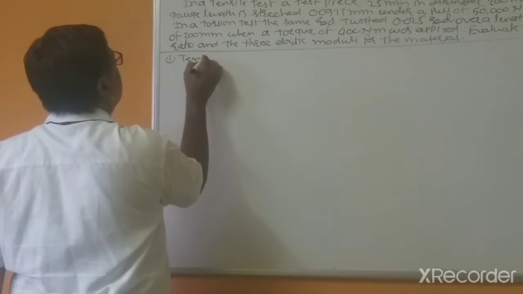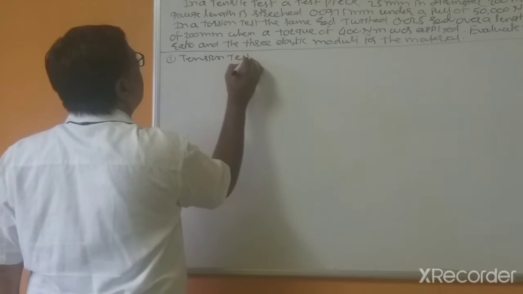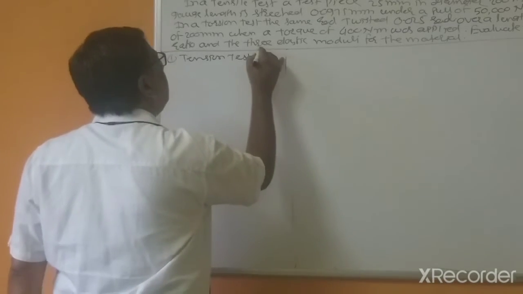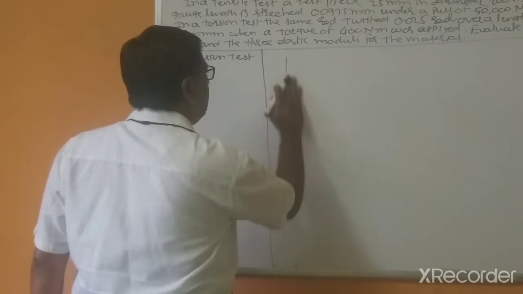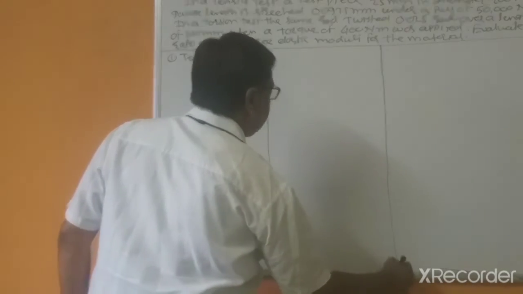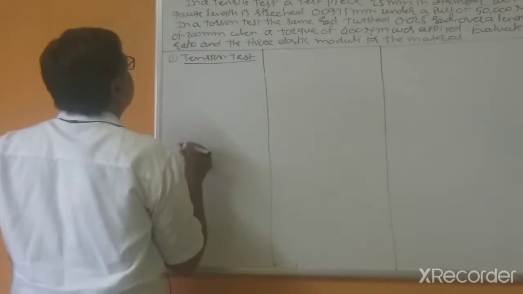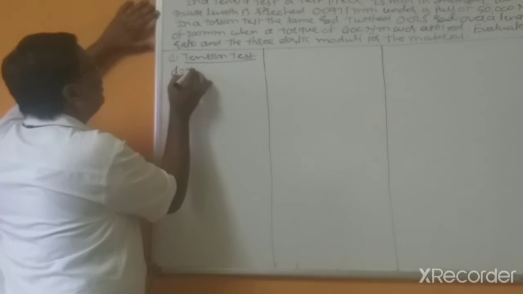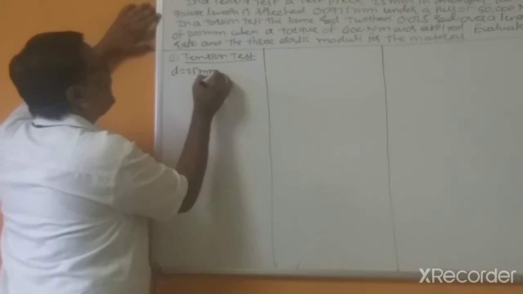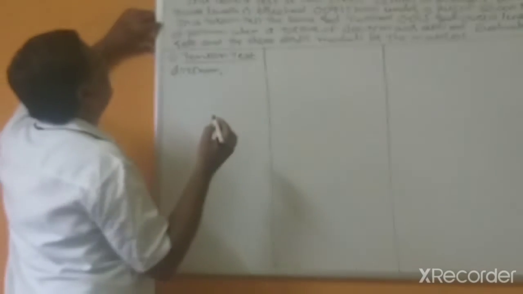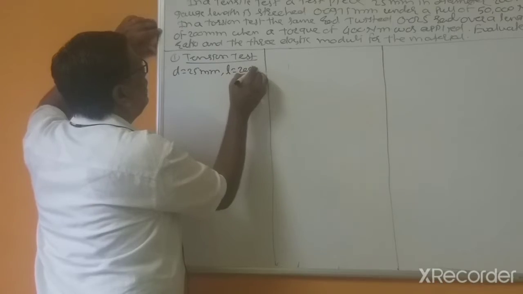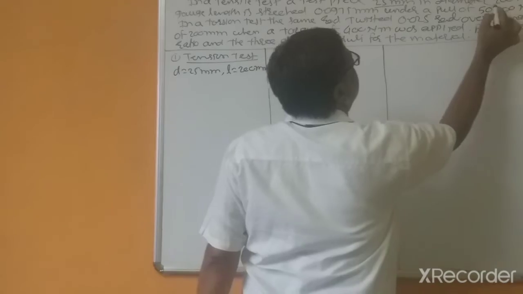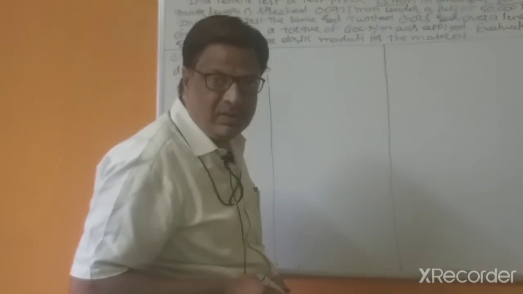First, tension test. So we will use 3-page. So in the tension test, D equal to, D is the diameter, 25 mm, length 200 mm. So this is the 25 mm and this 200 mm is the length.